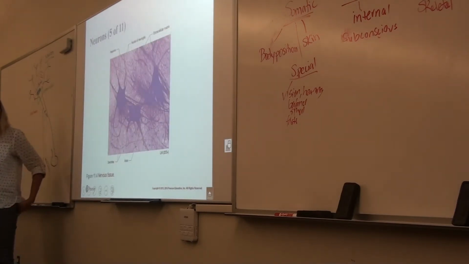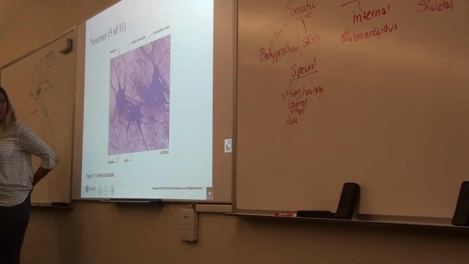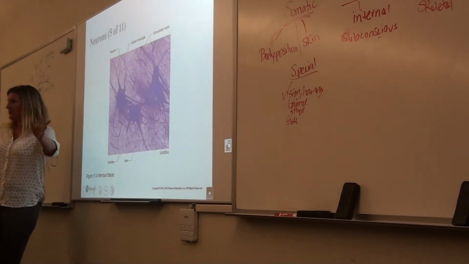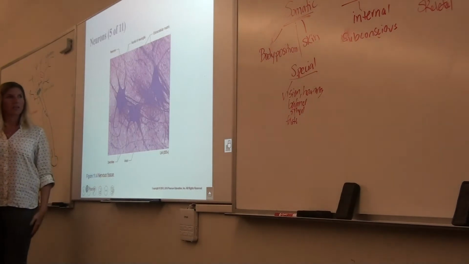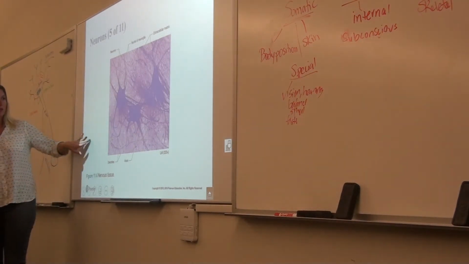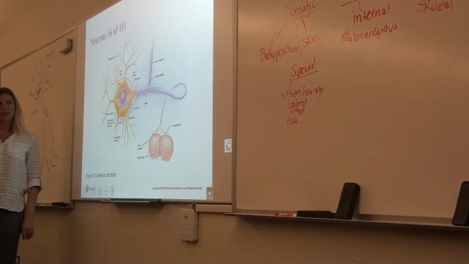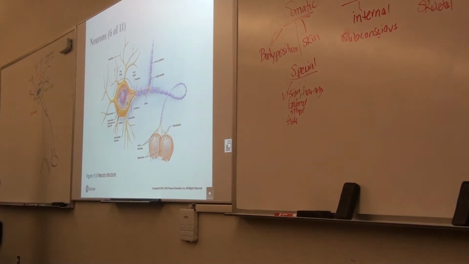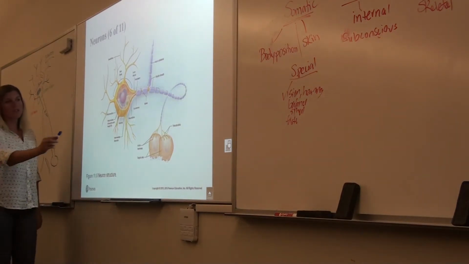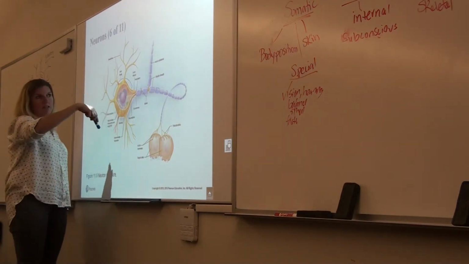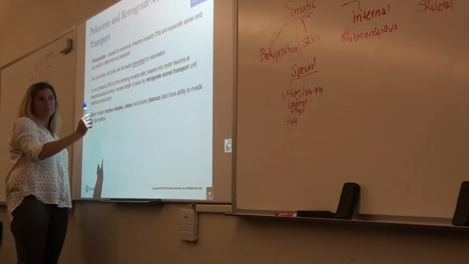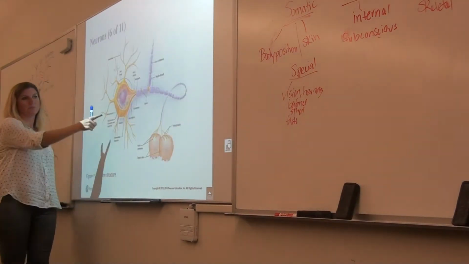There are actual pictures of real neurons, so you can see how extensive they are, right? Kind of jumping in all directions, connecting. And this obviously is the much easier one to look at, the cartoony one. So all of these yellow branches are the dendrites. Cell body, Nissl bodies are those purple things in there.